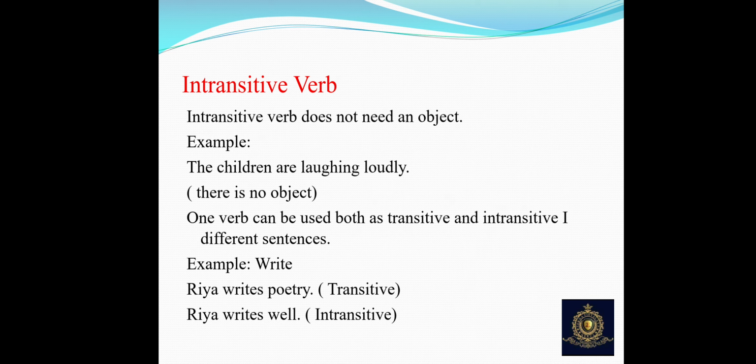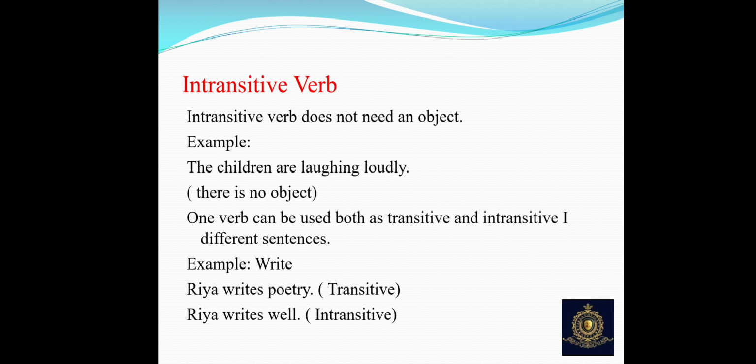Now an intransitive verb does not need an object, exactly opposite to a transitive verb. An intransitive verb does not need a direct object. For example, the children are laughing loudly. Here you can find the subject, the children, and the verb, laughing, but you cannot find any object here.